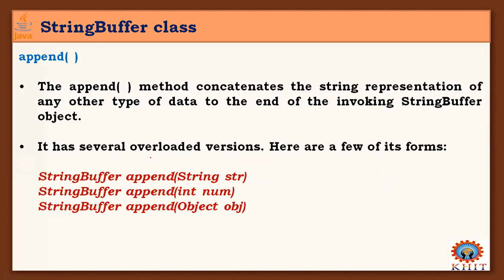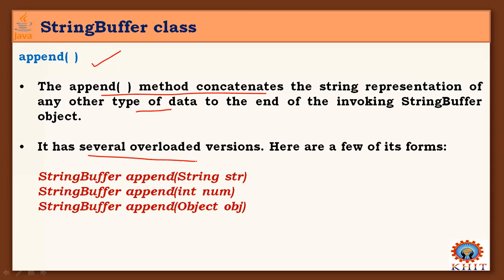Okay. Next one, another function, it is append. So this append method concatenates the string representation of any other type of data to the end of the invoking StringBuffer object. That is very simple here. It appends at the end of the string object on which you are invoking this method.